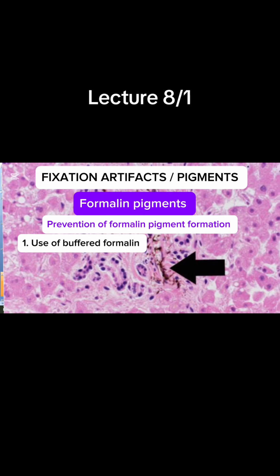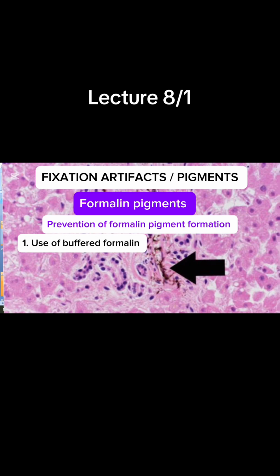One, formalin at 7.0 to 7.2 is neutral pH. Buffered formalin contains phosphate buffers like sodium phosphate, monobasic and dibasic. These buffers stabilize the pH around neutrality.